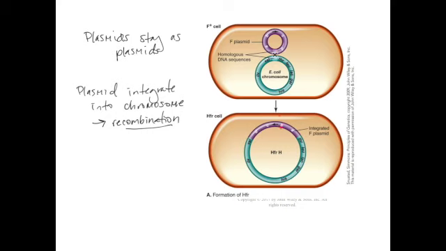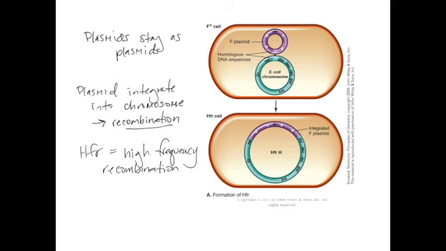And what will happen is now we have our plasmid that has been inserted right here in purple into our chromosomal DNA, right? This we refer to as HFR, which is not the best name, and it stands for high frequency recombination. HFR means high frequency recombination.